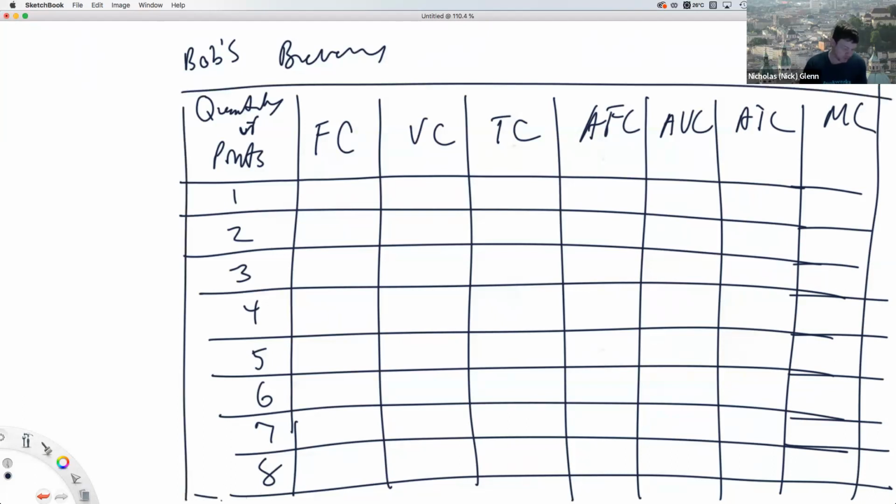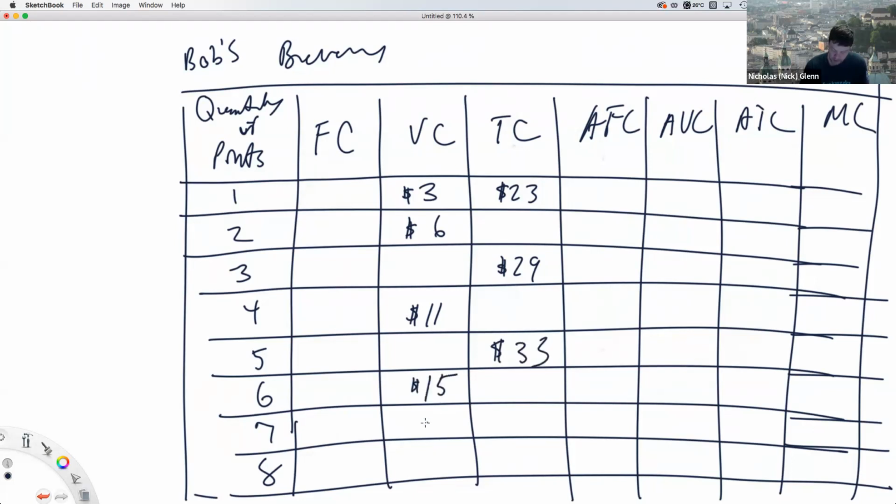All right, so let's fill this in. The variable cost at 1 is 3. The total cost there is 23. Variable cost is 6. Quantity of pints to the producer 2. The total cost when 3 pints are produced is $29. Variable cost at 4 is 11. Total cost at 5 pints produced is 33.